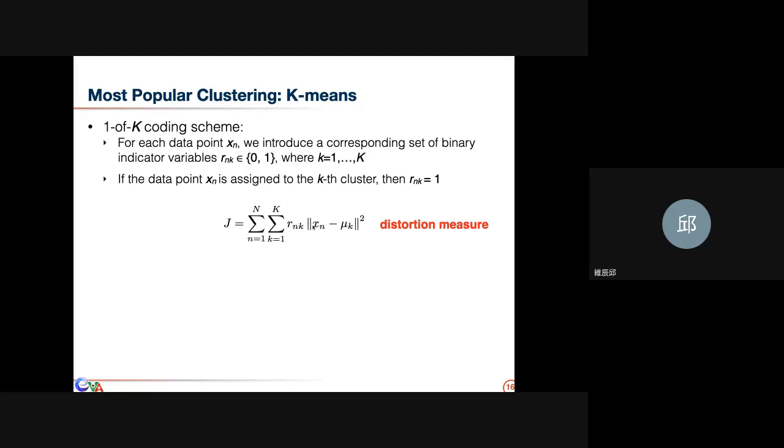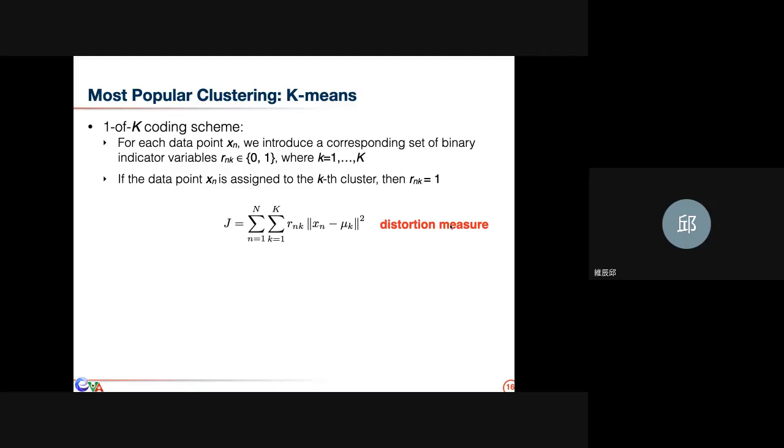Then the corresponding r_nk equals 1, otherwise equals 0. So your objective function can now be rewritten in this way. Of course, we know that the value of this indicator variable will be either 0 or 1. So your objective function can now be rewritten this way, and we name it the distortion measure.